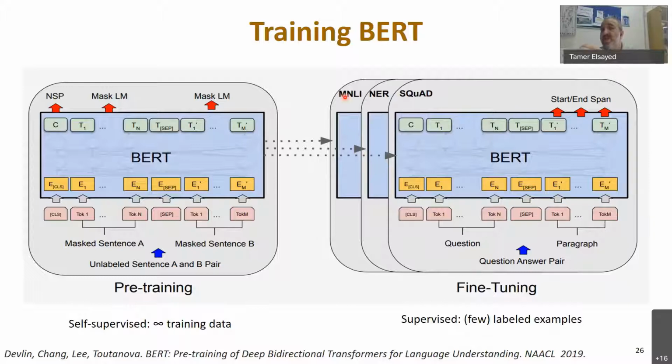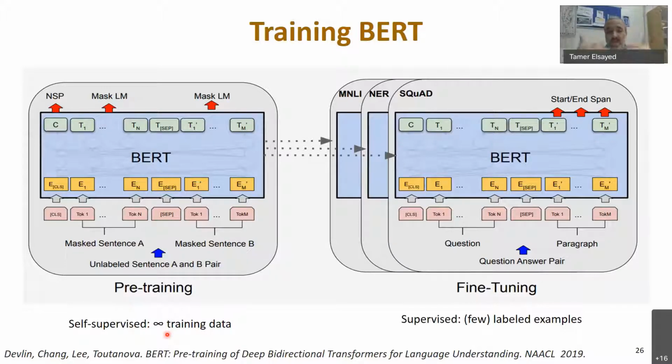Okay, so for fine-tuning, you have to have labeled data from the domain of the task. But pre-training is done on unlabeled text data, because it learns the language. It doesn't learn a specific task. Fine-tuning is about learning a specific task. So you see here that it's like infinite training data.